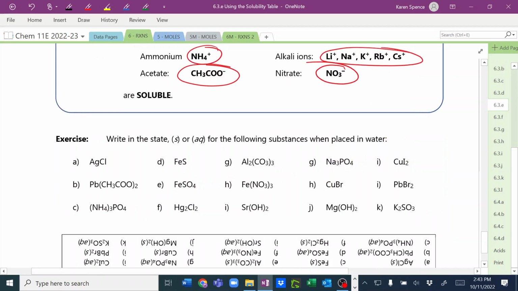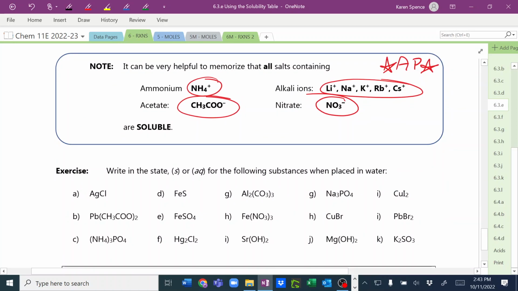So how about you guys take a moment and just read your table and figure out whether those are solid or aqueous if they are in water. Aqueous is when it says soluble. Oh, always soluble are ammonium, acetate, all your alkalis, and nitrate.